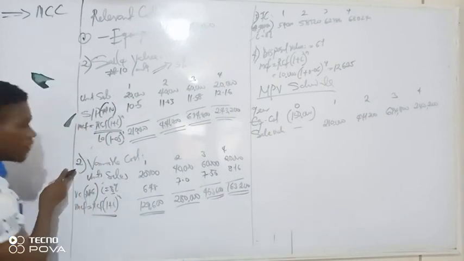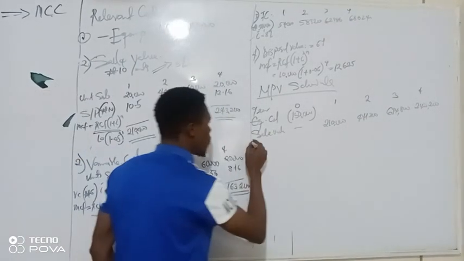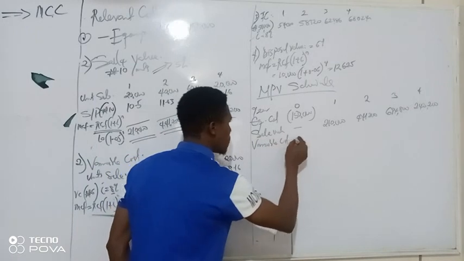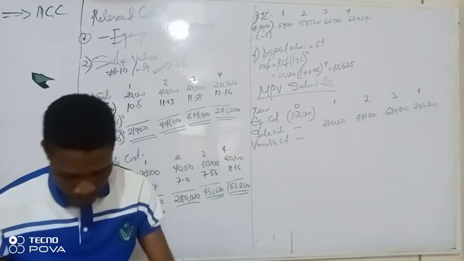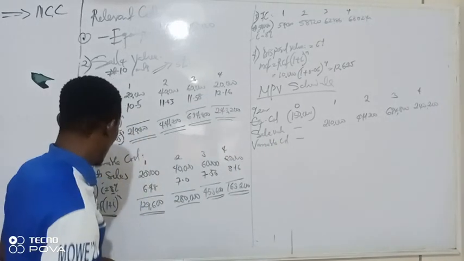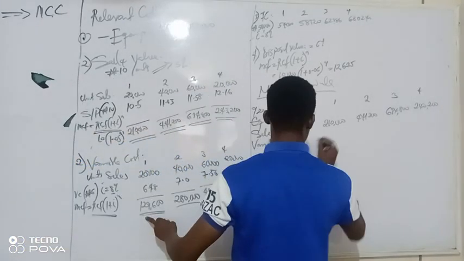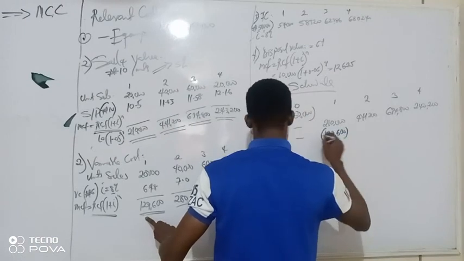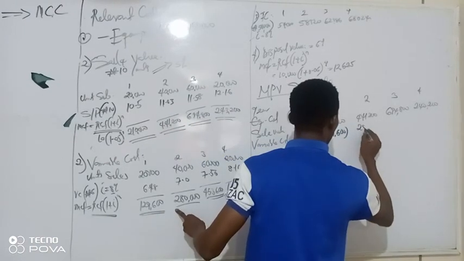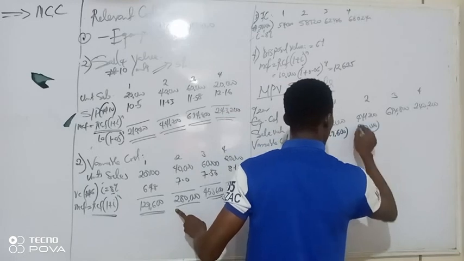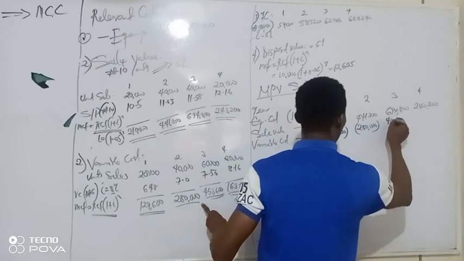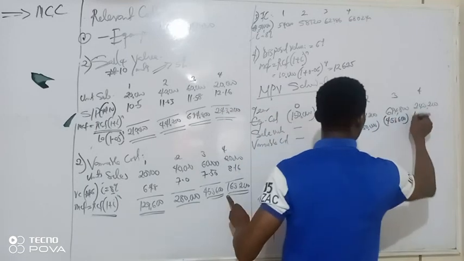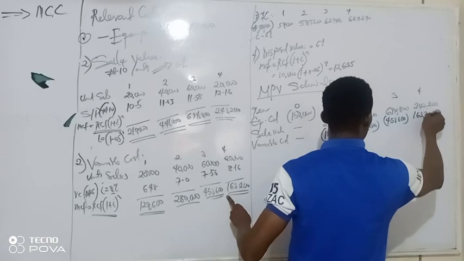Followed by variable cost. In year 1, we have 129,600, then 280,000, then 453,600, then 163,200.